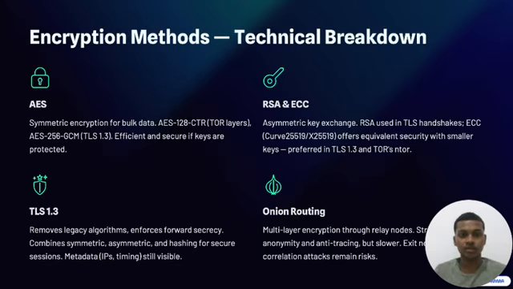TLS 1.3 provides secure communication with forward secrecy. Tor uses onion routing, where multiple layers of encryption protect anonymity and make traffic analysis more difficult. Although these technologies provide strong security, they are not immune to threats such as traffic correlation attacks, malicious exit nodes, and endpoint compromise.